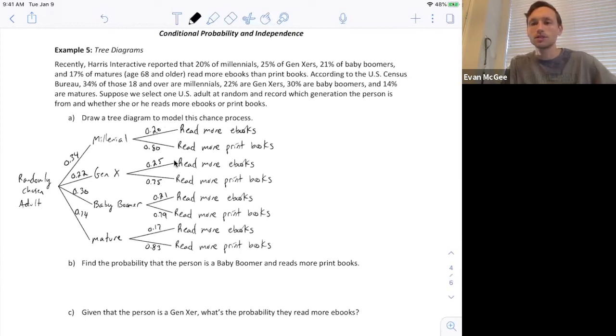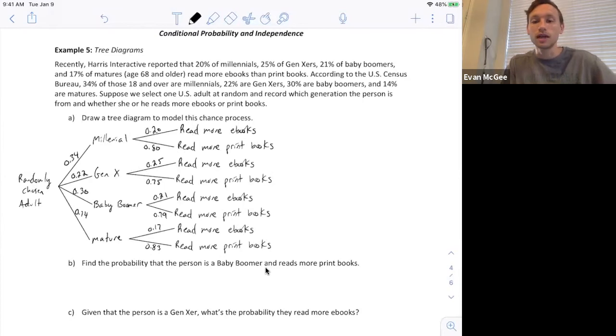Now, the next thing I like to do is list out the sample space, because if I randomly select a person, I'm either going to get a millennial that reads more ebooks, a millennial that reads more print books, a Gen Xer that reads more ebooks, or a Gen Xer that reads more print books. One of these final outcomes is going to happen.